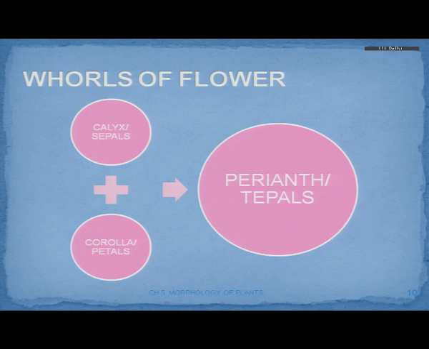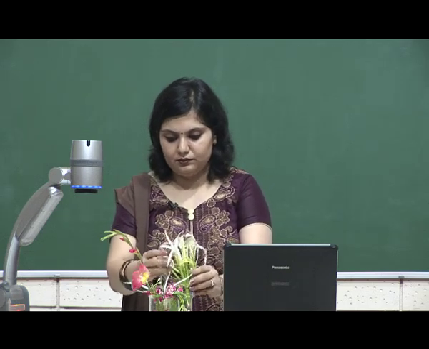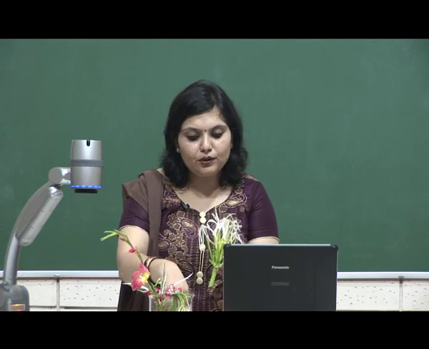Sometimes it also happens that the calyx and corolla are fused to make a single whorl, and that whorl is known as the perianth. So, the sepals and petals are fused to make tepals. In flowers in which the perianth is visible, obviously we will not be able to see the sepals. I have got this example here. This is a beautiful flower.